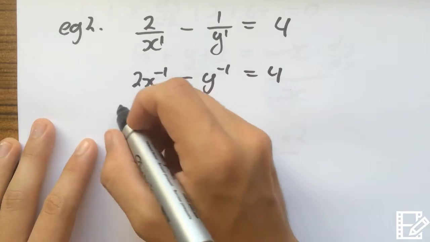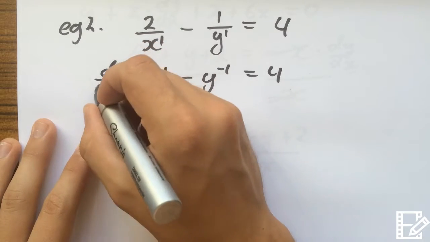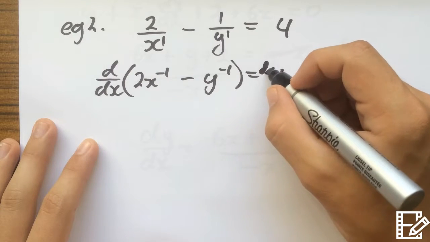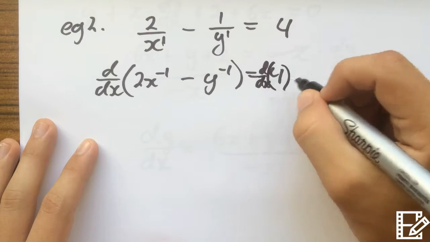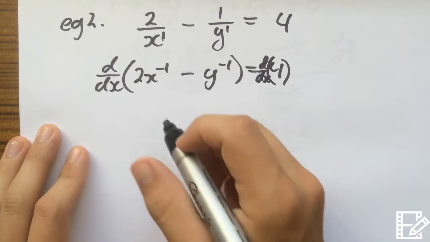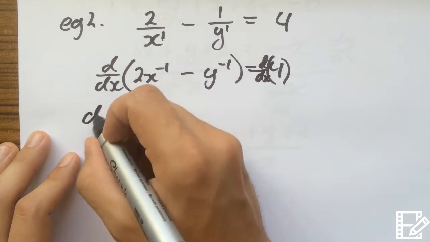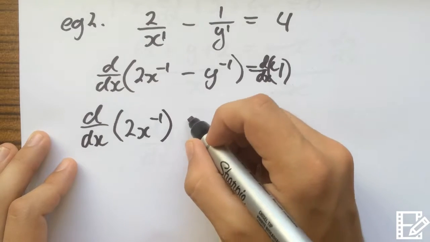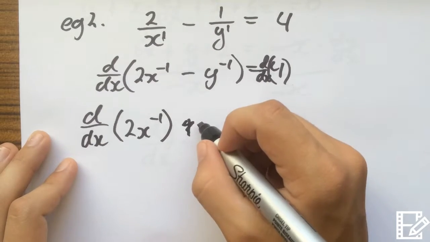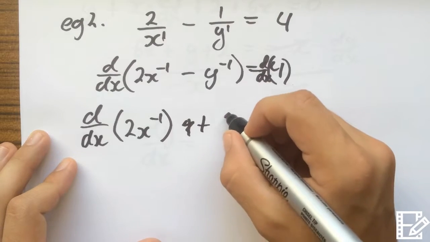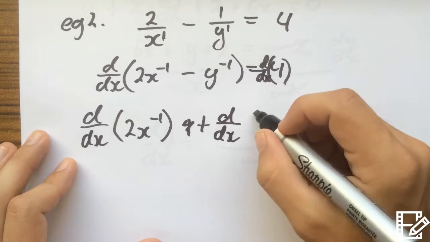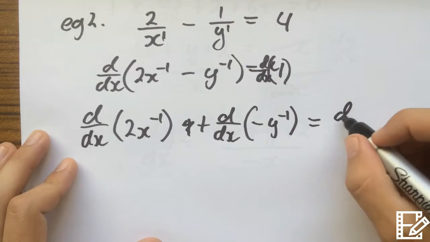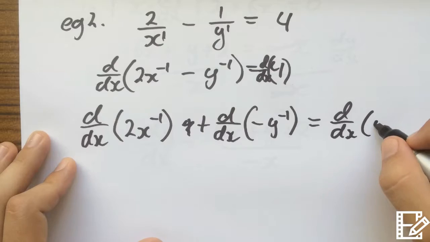Okay, so what we're going to do is find the derivative of either side. Now the derivative of, we're going to split this up. We're going to have 2x to the power of negative 1 plus the derivative of negative y to the power of negative 1 equals the derivative of 4.